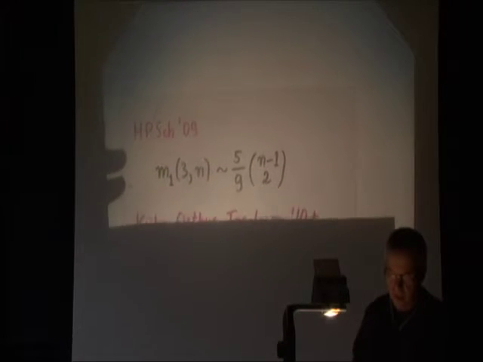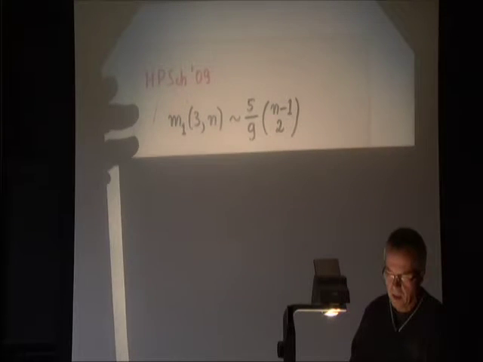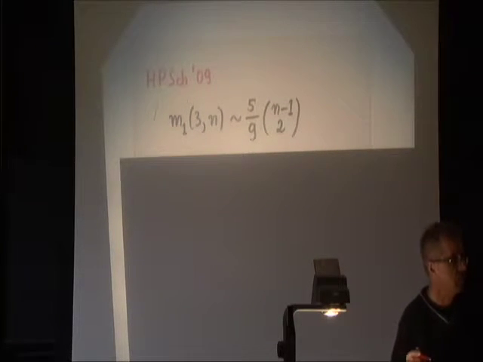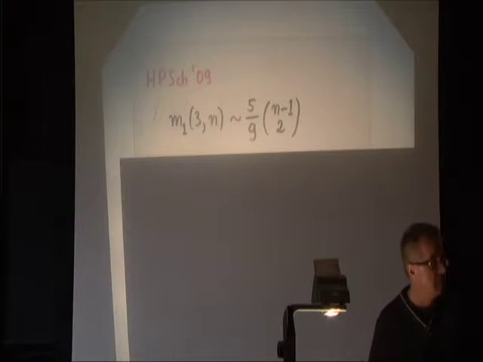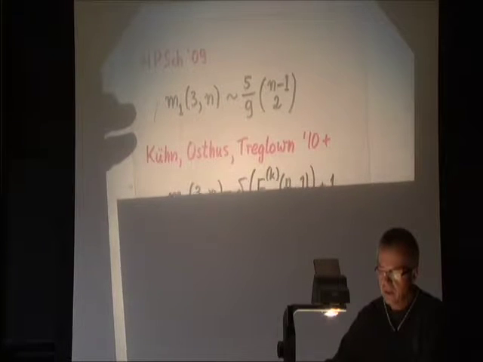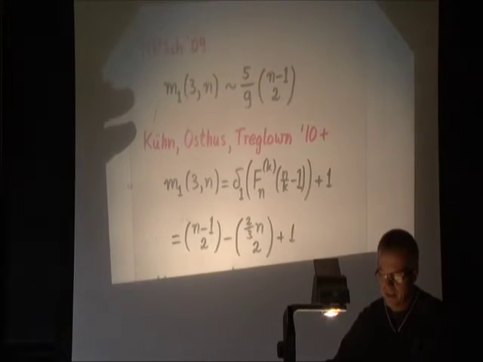And then the first success came from the same authors, Hàn, Person, and Schacht I just mentioned, who proved this for k equal to 3 and d equal to 1. The first case asymptotically got 5 ninths. And very recently, Khan, Osthus, and Treglown proved it precisely.